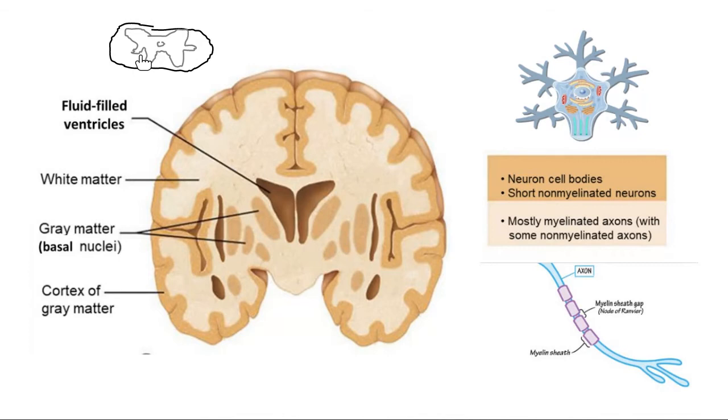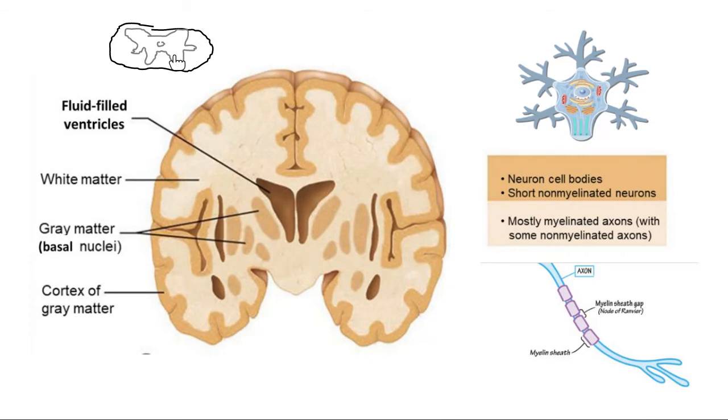Here are my little lateral horns that are sticking out really laterally. And then I've got my dorsal horns here. What did that word dorsal mean again? What was dorsal? Yeah, posterior, toward the backside. So here are my backside horns, my dorsal horns. Here are my ventral horns on the front side.